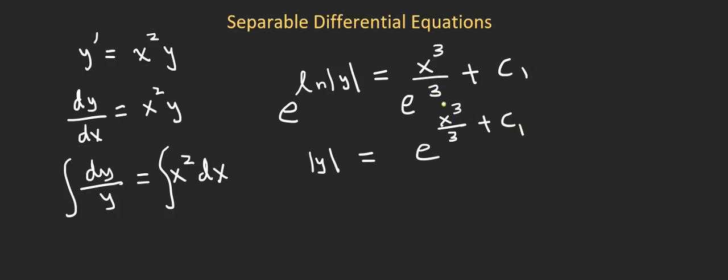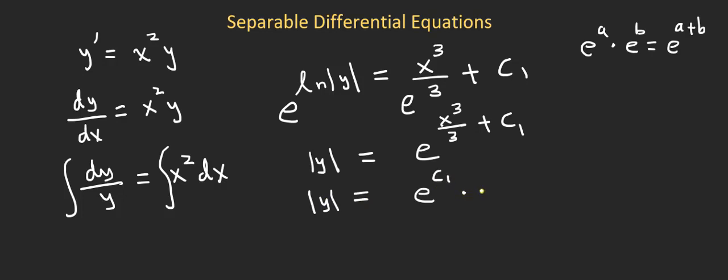That becomes an exponent. So now remember, e to the a times e to the b is e to the a plus b. So we're going backwards. So we can say absolute value of y is e to the c1 times e to the x cubed over 3.